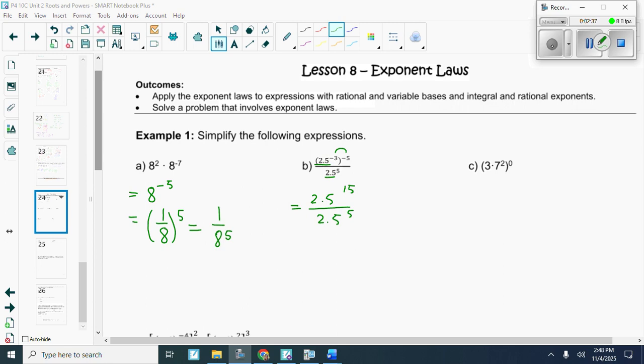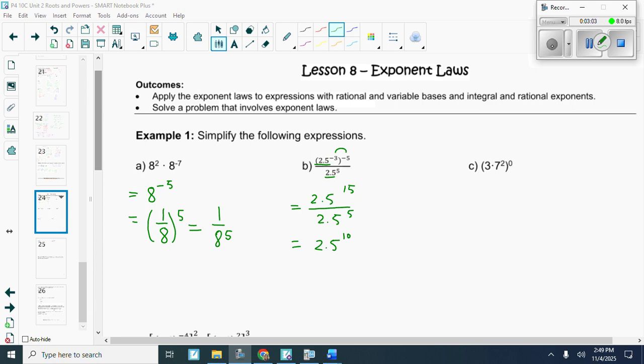We're going to go 15 subtract 5, so we have 2.5 to the power of 10. Because these are such big numbers, I'm okay with leaving it in simplified form. This 8 to the power of 5 would give me like 32,768. Let's just keep it 8 to the power of 5 for now.